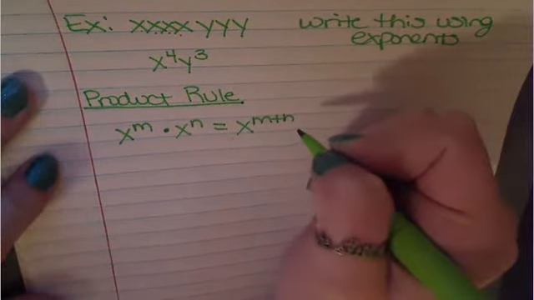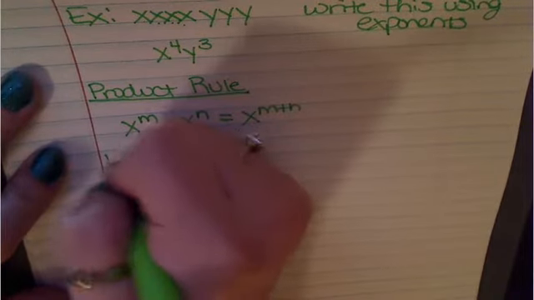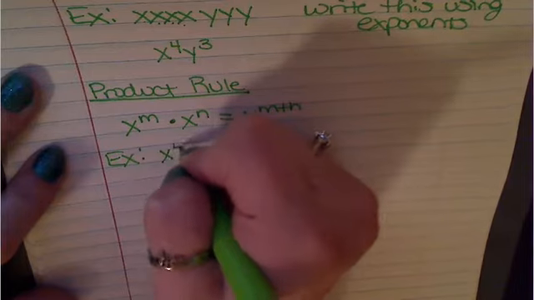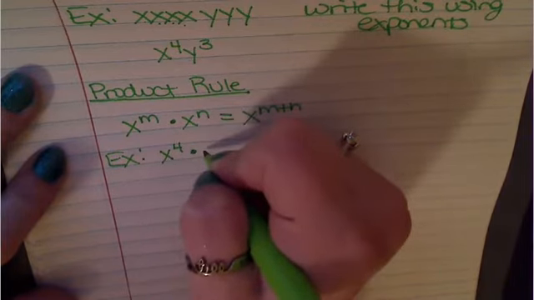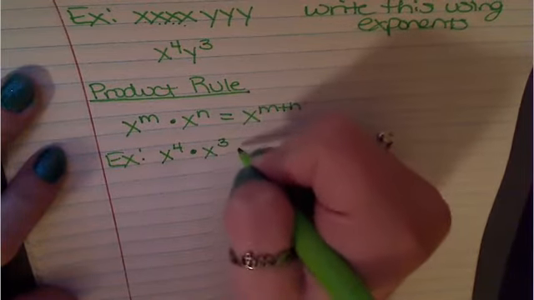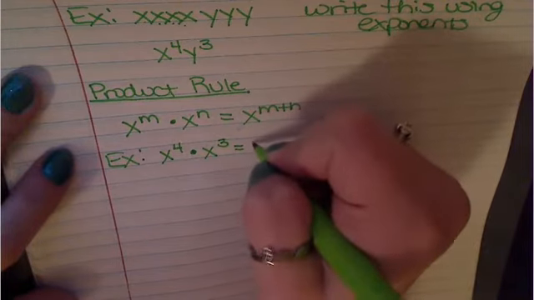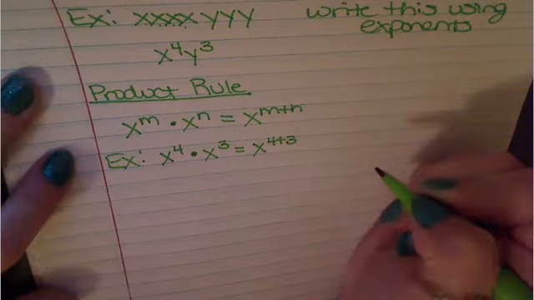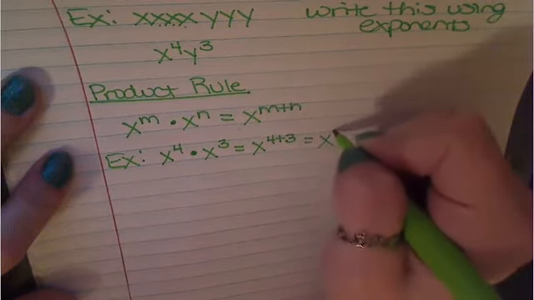Let's show you an example so you see what that means. If you're taking x to the fourth times x to the third power, then that should be the same as x to the fourth plus 3, which equals x to the seventh.